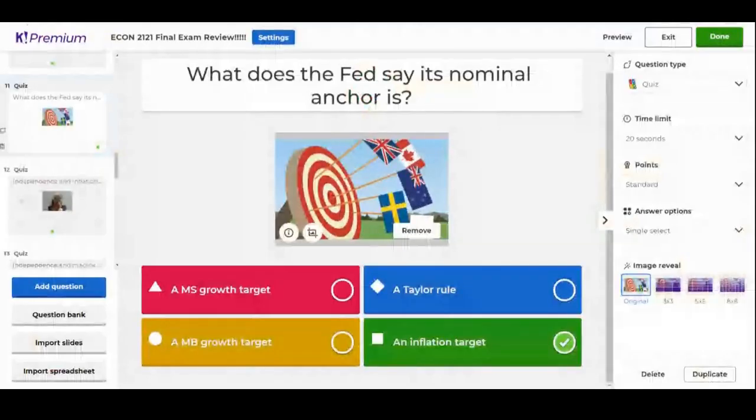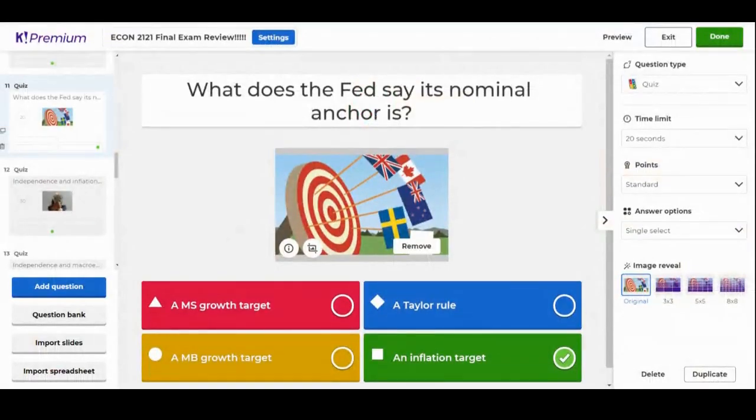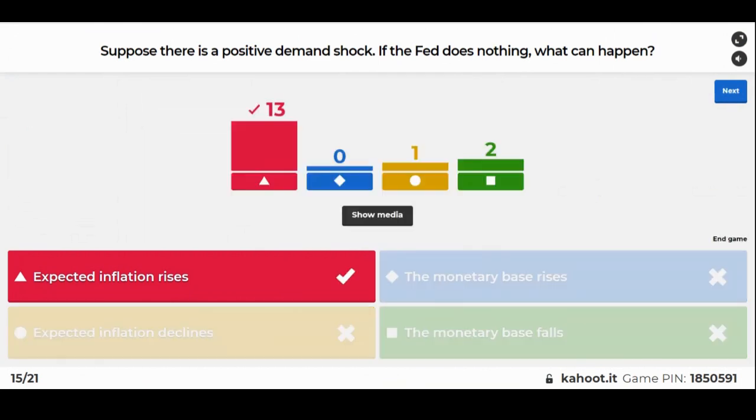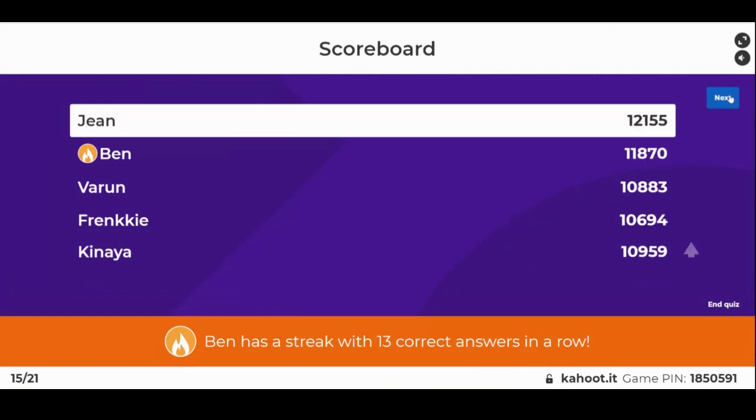Suppose there is a positive demand shock. Whoops, sorry. If the Fed does nothing, what can happen? Sorry about that. Expected inflation rises. Very good. Right.